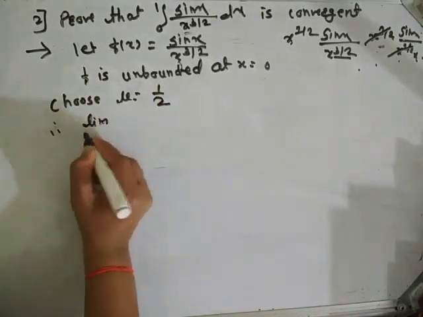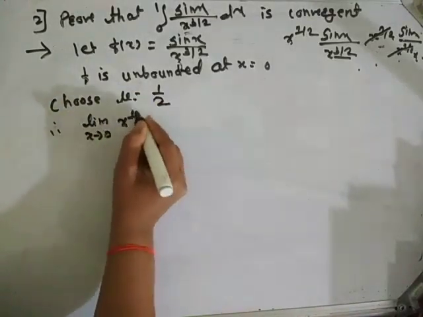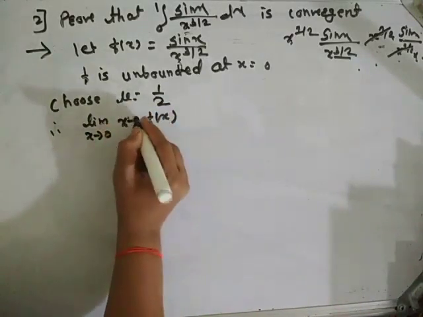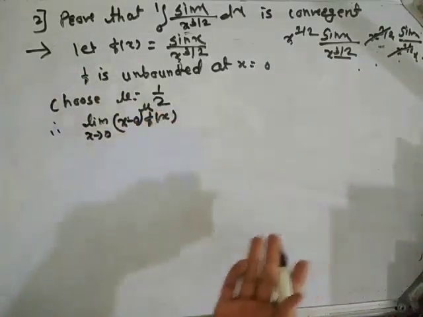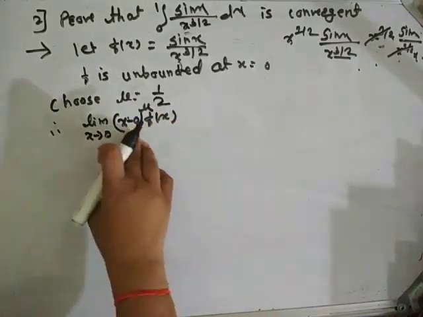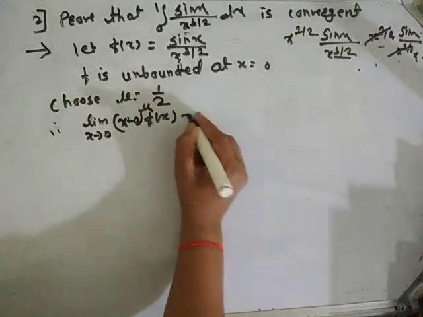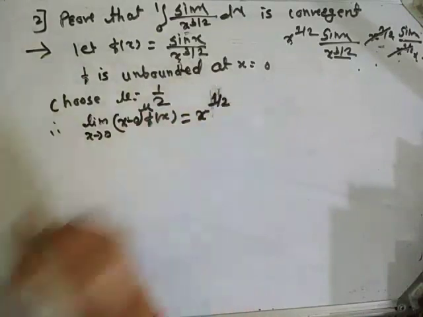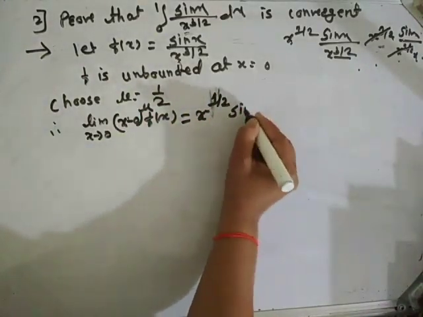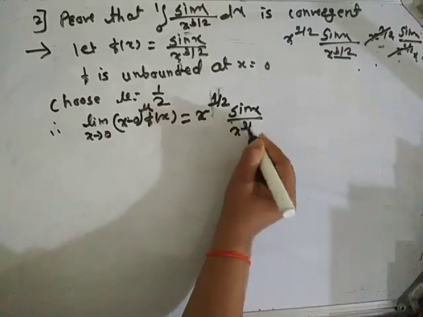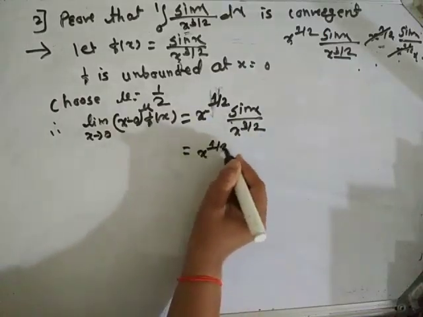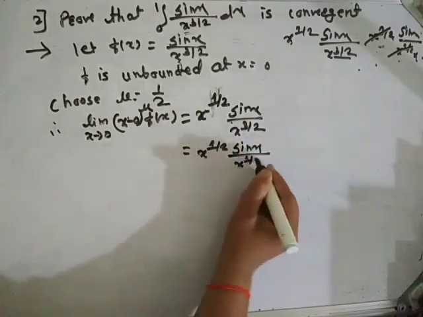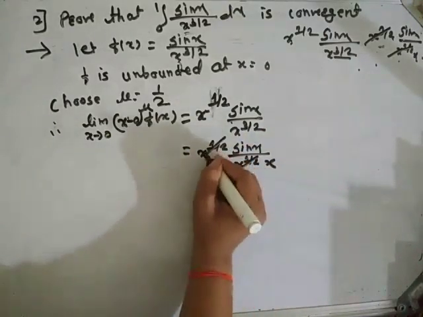Therefore, limit x tends to 0 of x raised to mu into f of x. Actually, here x raised to mu means x minus 0 raised to mu, but x minus 0 is x. So we can write x raised to mu, here we have chosen mu equals to 1 by 2, into sin x upon x raised to 3 by 2, which can be written as x raised to 1 by 2 into x. This gets cancelled.